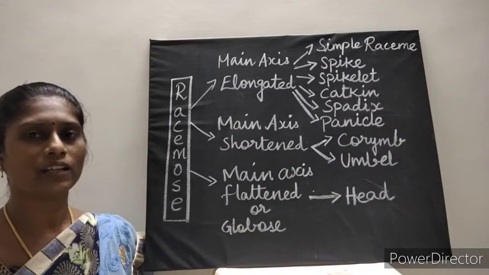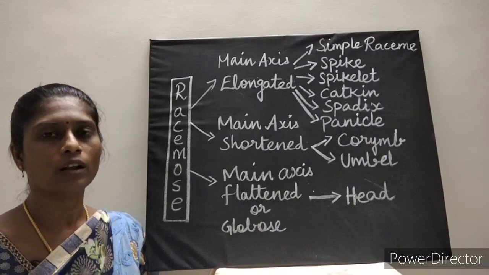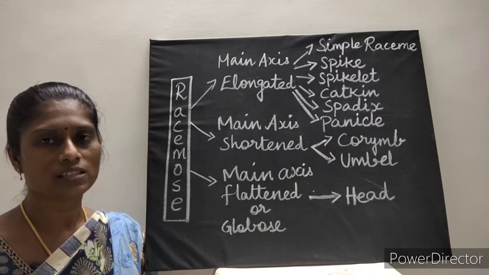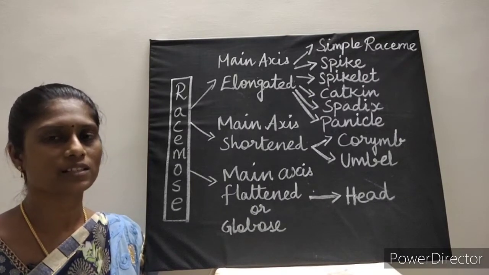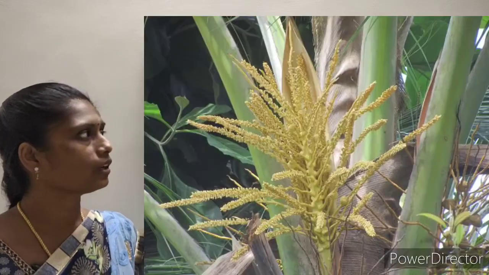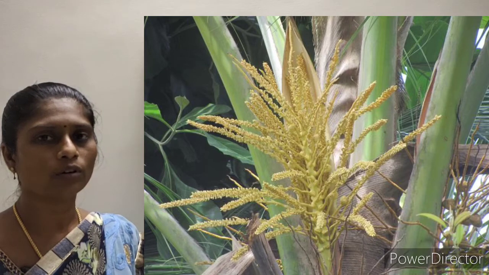Spadix inflorescence. Here the inflorescence axis is thickened or fleshy, which possesses unisexual sessile flowers in acropetal succession. Examples for spadix are Cocos, Colocasia, Amorphophallus.